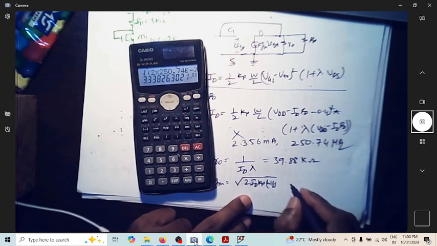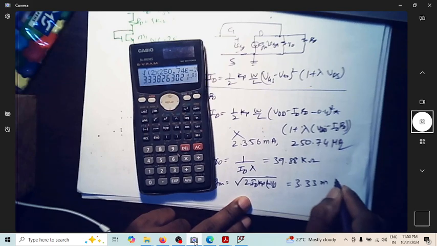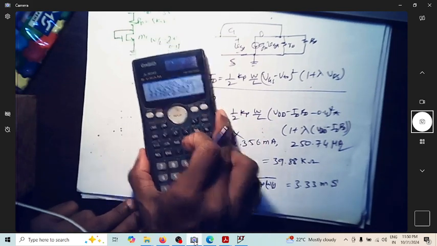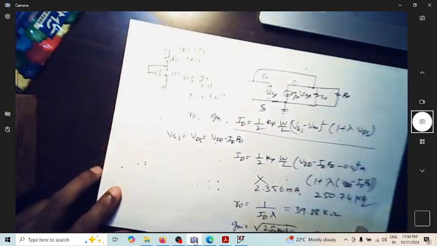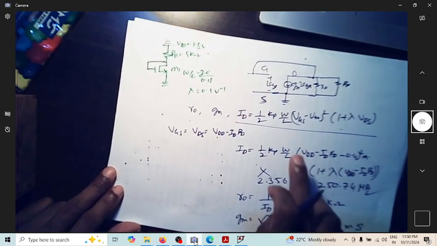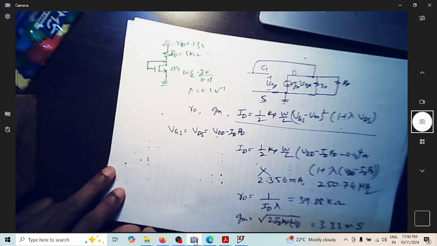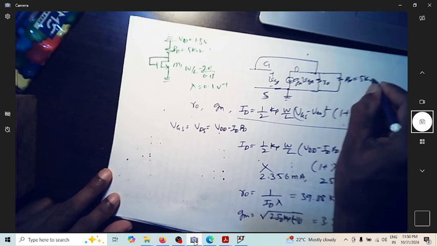So it is now 3.33 millisiemens. So this is how you can write the small signal model of this MOSFET and the corresponding gm and R0 values. RD is known as 5K. So this is 5 kilo.